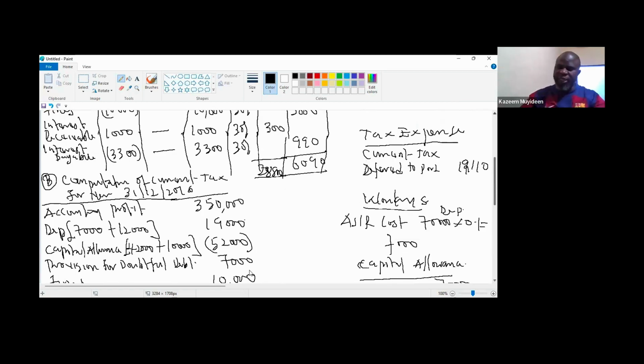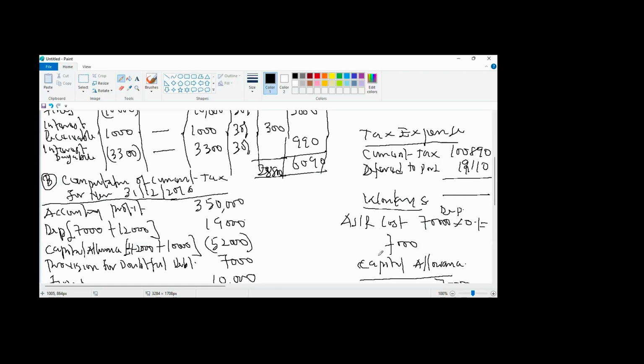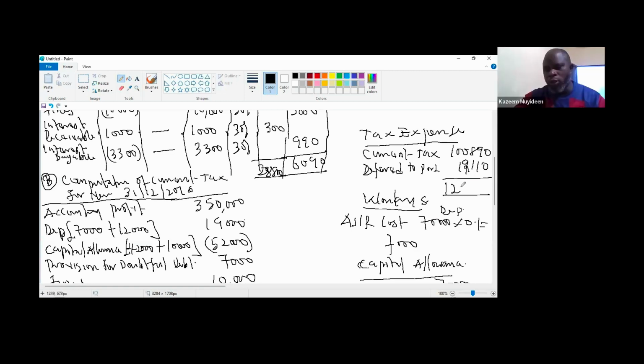Total tax expense: current tax 100,890. What is the total tax expense now? 100,890 plus 19,110, that is 120,000. When I go to the P&L, 120,000.